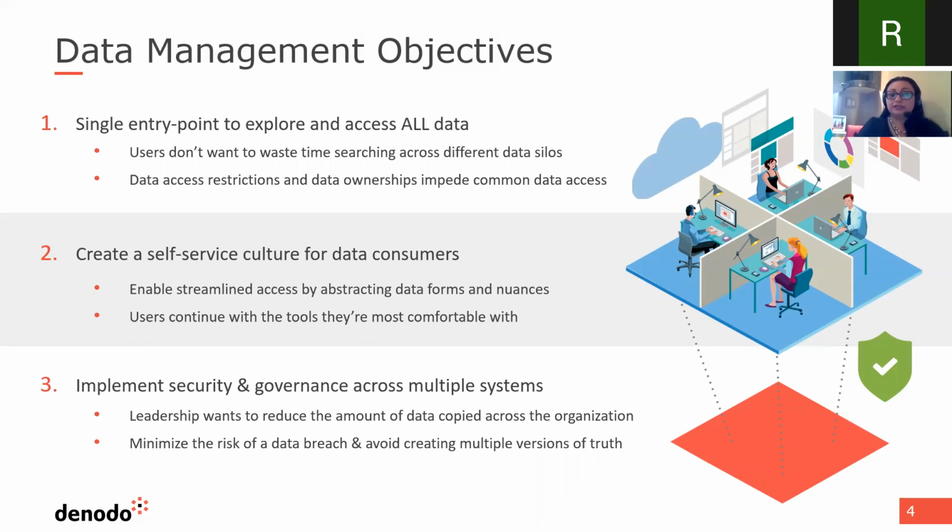So to have that single point of entry, enabling a self-service culture, and enabling that centralized security model with full data lineage, data masking, all of the artifacts around the governance of the data is critical for agile data management. So we know what we're looking for, but what do we actually have?